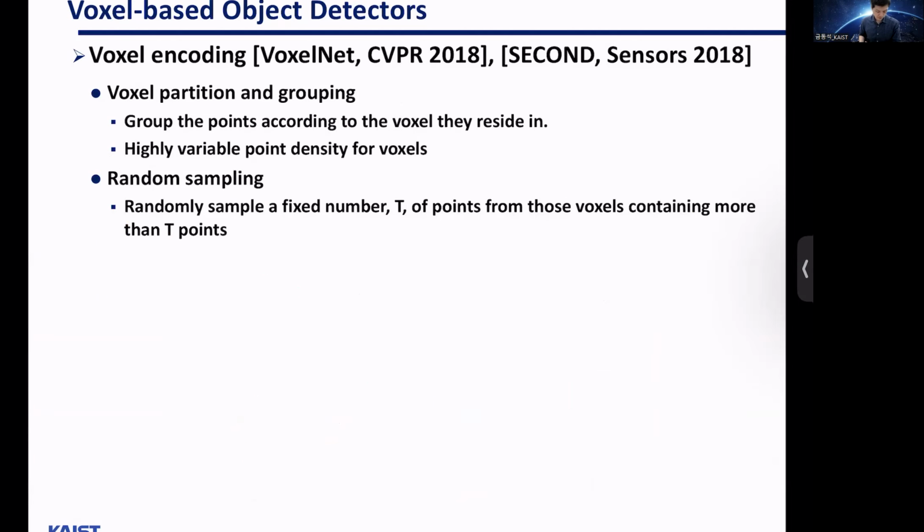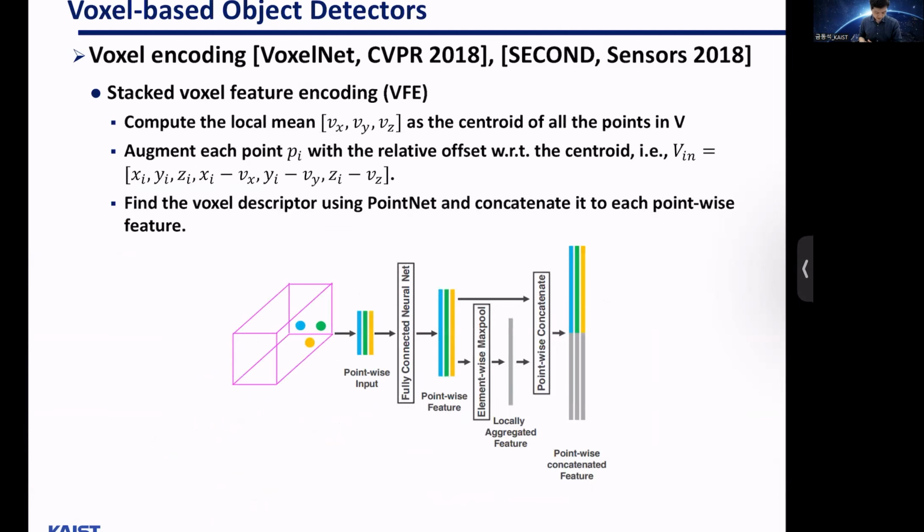Voxel partition and grouping: I already explained this concept, both bullet points. Okay, let me give you a little more description on this part, the stacked voxel feature encoding, VFE. You compute the local mean as the centroid of all the points in the voxel.